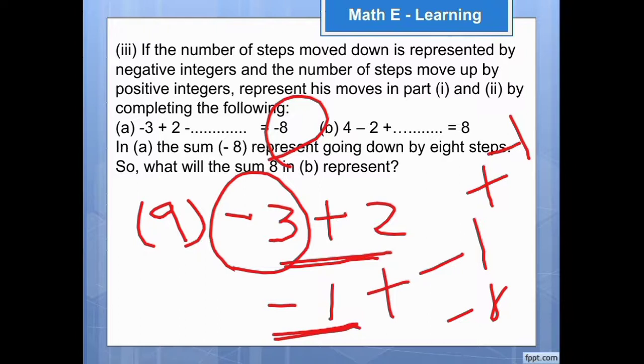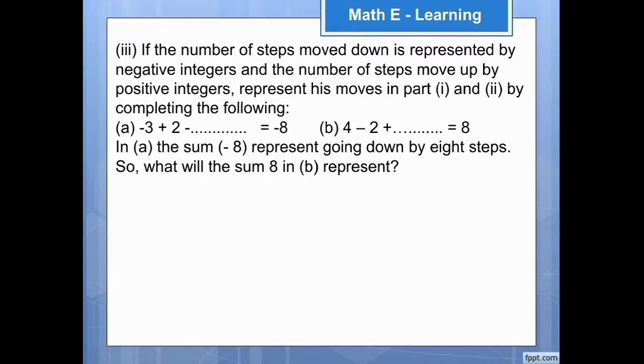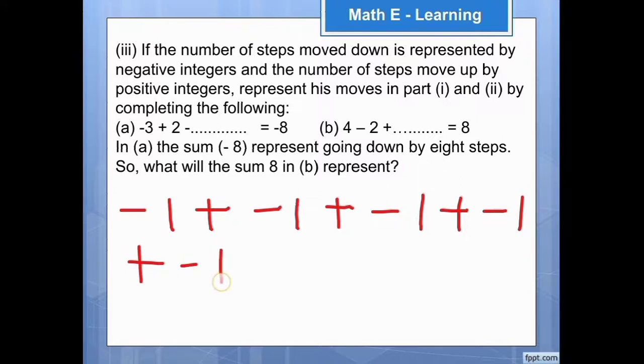So you have to iterate this 8 times to get the answer -8. -1 plus -1 plus -1 plus -1 plus -1 plus -1 plus -1 plus -1. So here I have written -1 eight times.